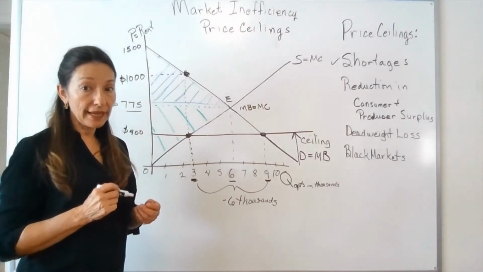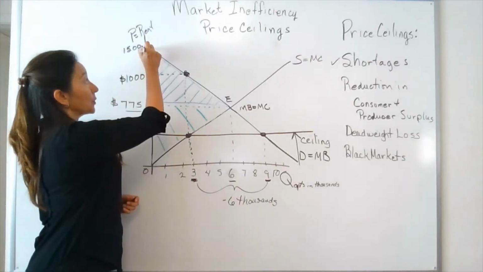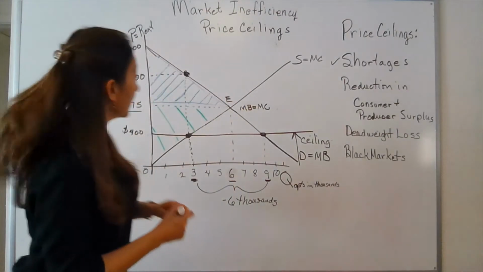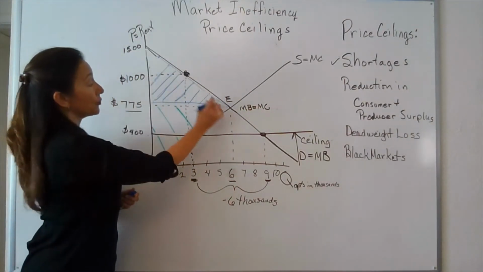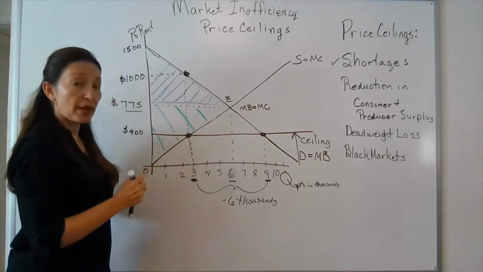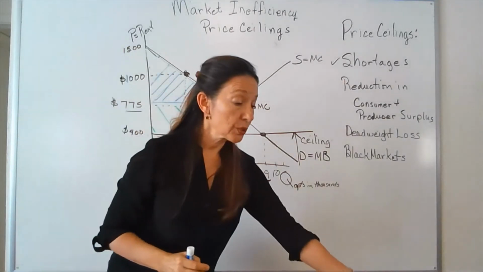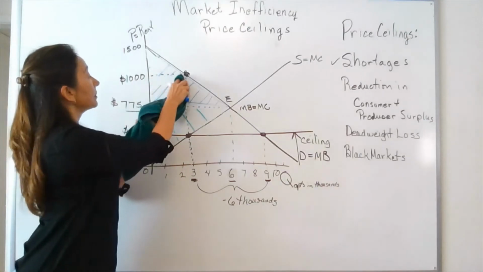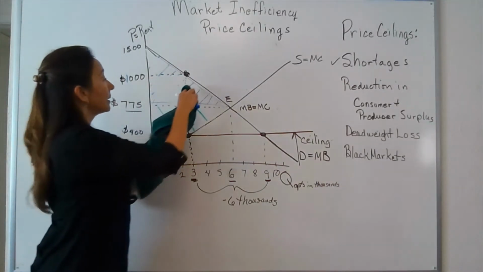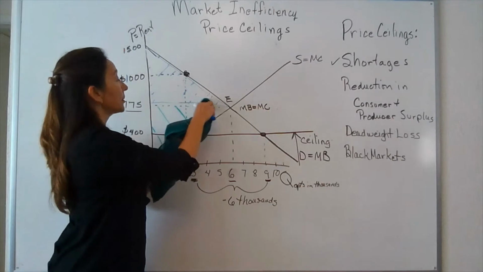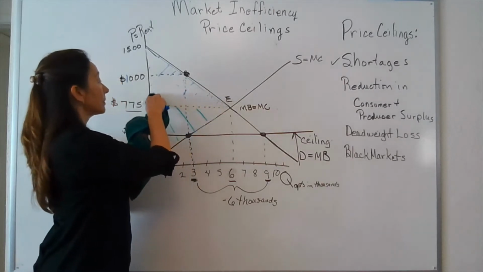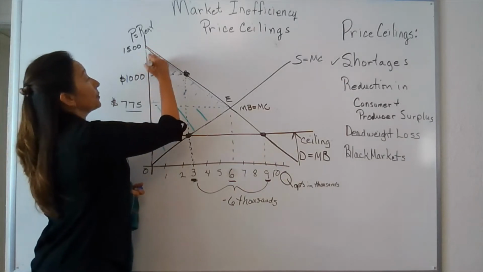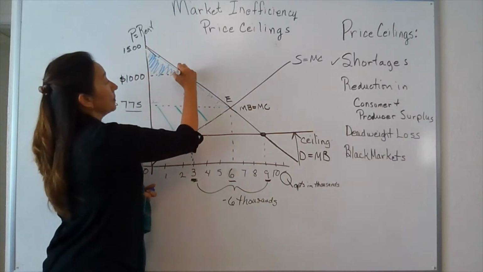Look what happens to consumer surplus. Consumer surplus is now reduced. It is no longer this giant triangle. This triangle disappears, and now consumer surplus is only the small triangle on top. So that gets reduced to just this triangle. So our consumer surplus is going to be reduced.